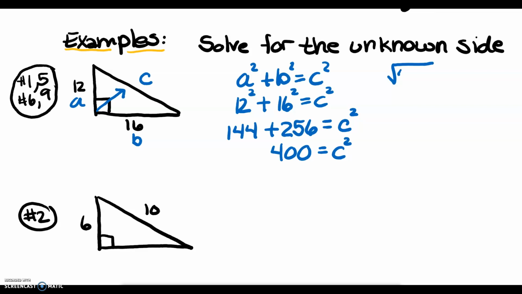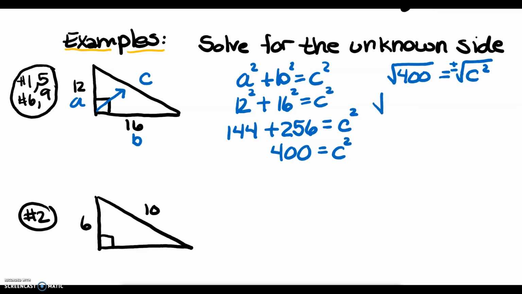The square root of 400 equals the square root of c squared, and we can't forget our plus or minus in front of that, because there's 2 numbers such that when I square them, I get 400. So I know for distances, we only really use the positive one. We can't have a negative side to our triangle.